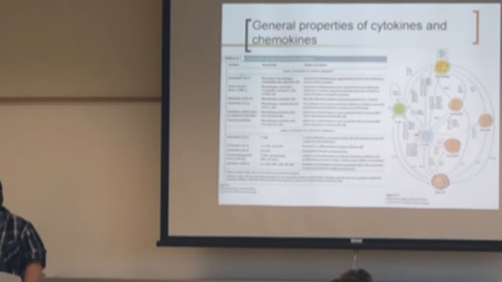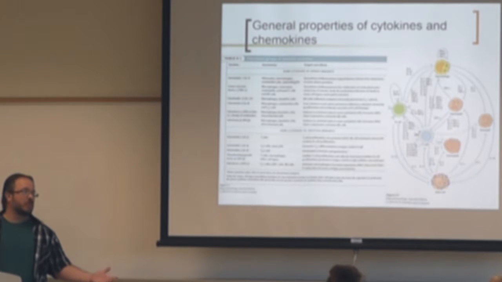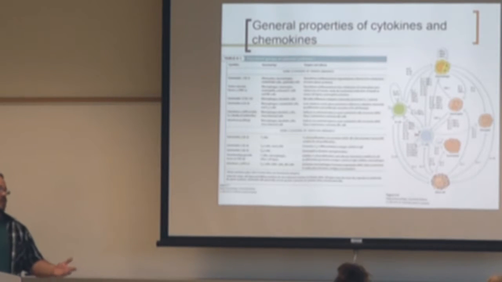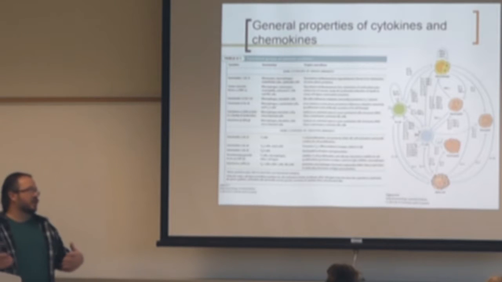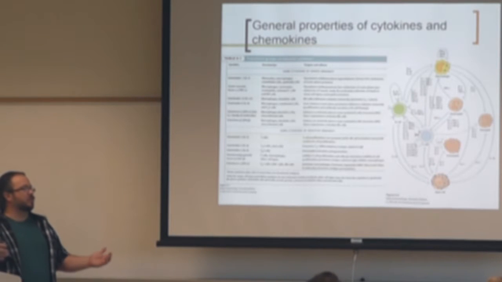So we have our interleukins, like IL-1 again, an inflammatory response, which can be good, but chronically speaking, it can actually be bad. For example, they found that antagonists of IL-1 can actually help treat cancer.